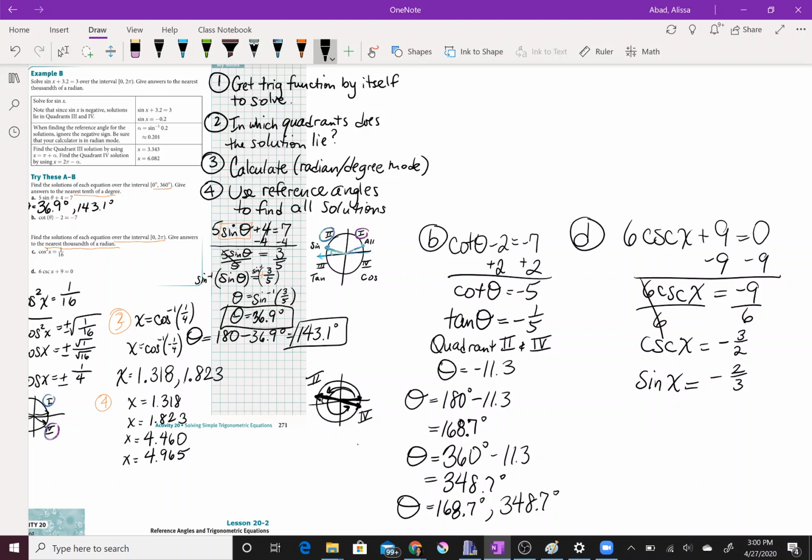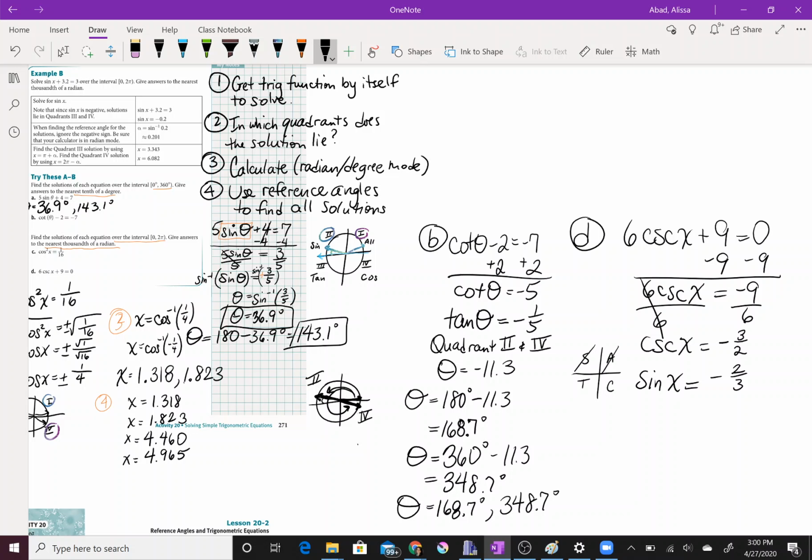What quadrant would that solution belong to? It's a negative value, so then that means that it's not going to be here or here. It's going to be in quadrants 3 and 4.